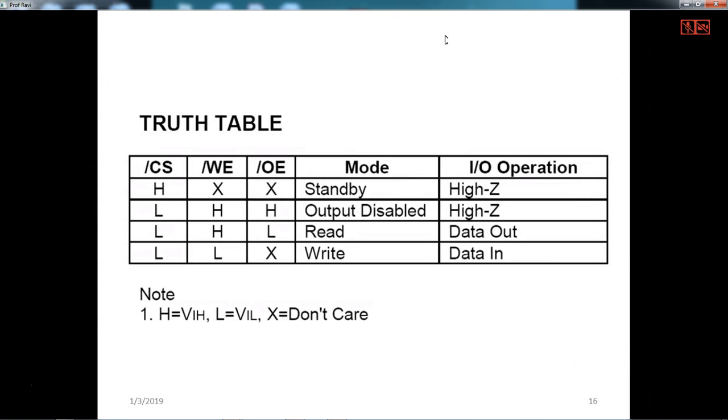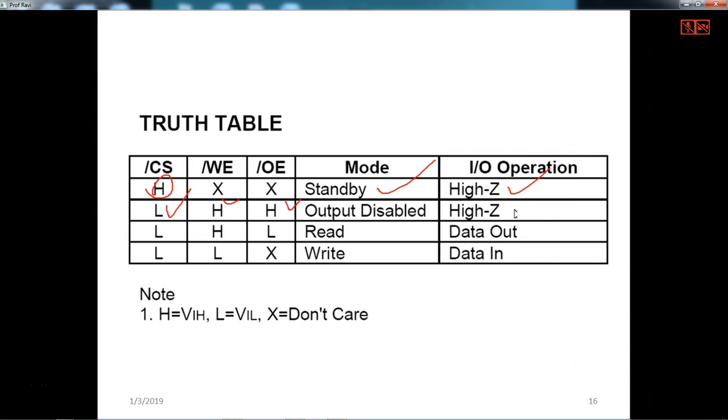Now when chip select is high, then it is in standby mode. That means the data lines are at high impedance state. If you want to perform a read or write operation, then chip select should be low. When chip select is low, write enable is high and output enable is high, then the output is disabled.